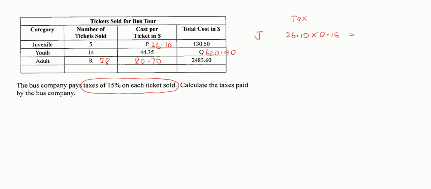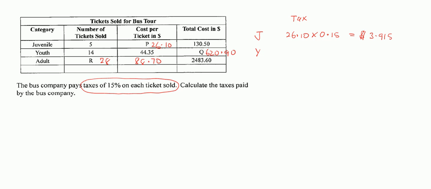For every ticket that we sell, the tax will be 3.915. We're dealing in dollars here, so you can round up, but this is not the final answer, so I will leave it as 3.915 for now.